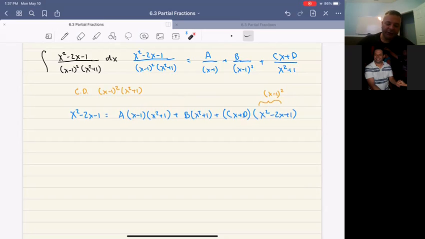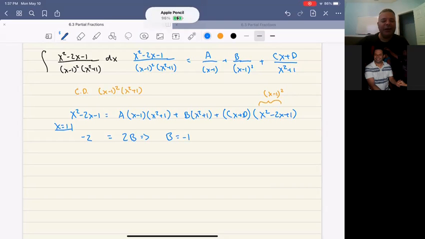So let's start with x equals 1. x equals 1 is going to give me 1 minus 2 is negative 1, minus 1 is negative 2. On the right-hand side, I'm going to get 2b. So b equals negative 1. Now, I've already done this one earlier, and I made a mistake, so I just want to make sure that I'm on the right track. Okay, that looks good.